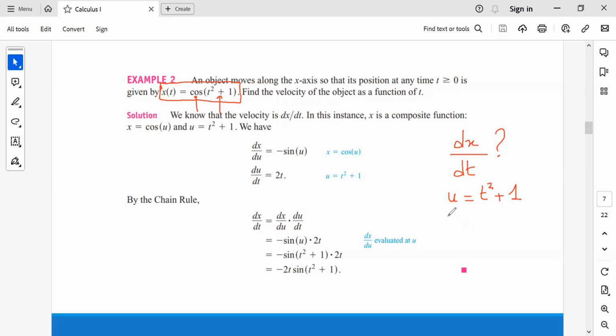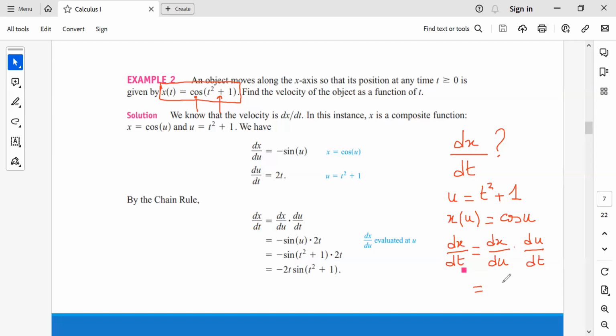In this case, our function as a function of u will be cosine u. Using the Leibniz notation, dx with respect to t is dx with respect to u times du with respect to t.